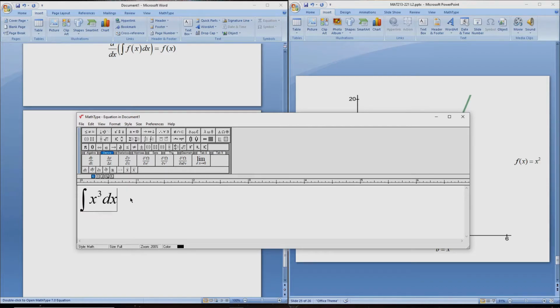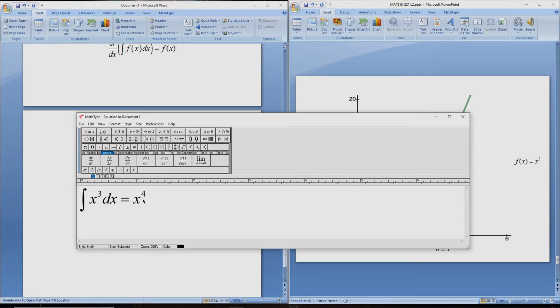So the antiderivative is asking you what gives this derivative. So if we look at x cubed, well, we know the derivative subtracts 1, so doing the reverse of that means we add 1. So the exponent goes to 4.